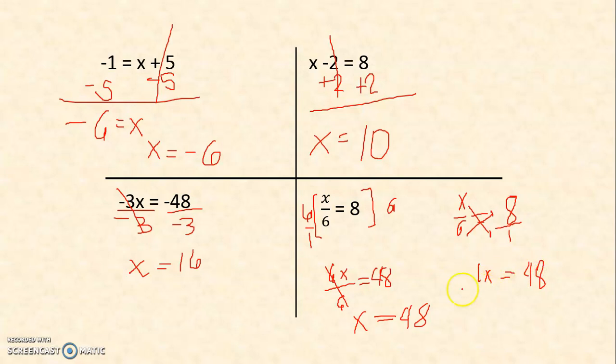Is there a need for us to write 1 as the coefficient of x? No. If the coefficient of x is 1, you may not write it anymore. So the value is x equals 48.